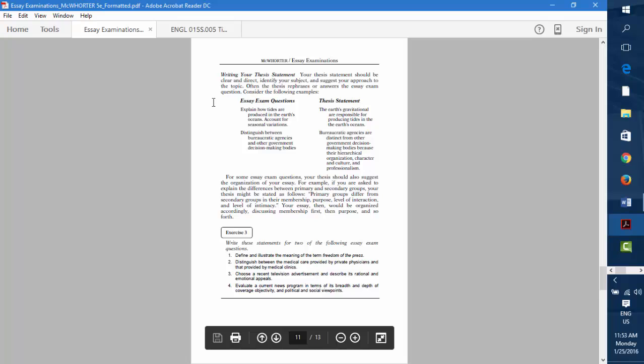Here, I think McWhorter gives you some good advice about thesis statements and intros and conclusions. And what she says is basically these are going to be a lot shorter than your normal essay. And here again, this is because of the rhetorical situation.